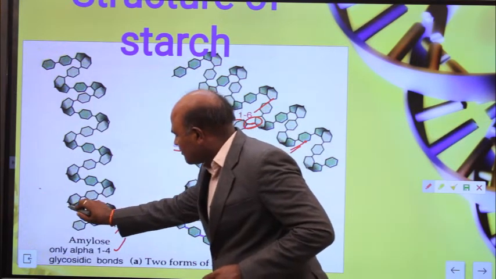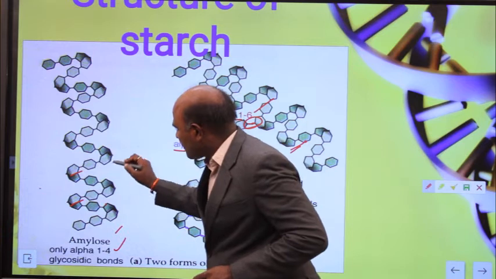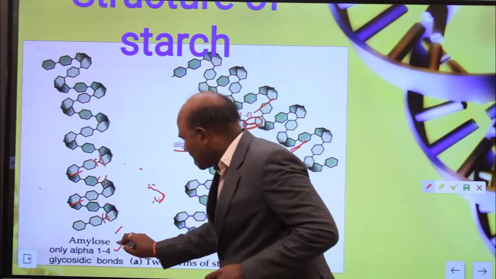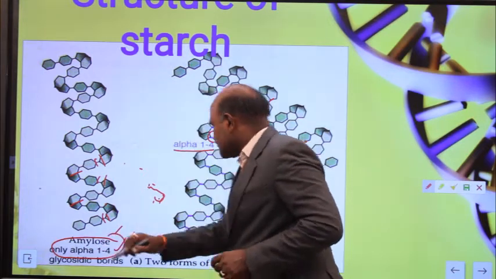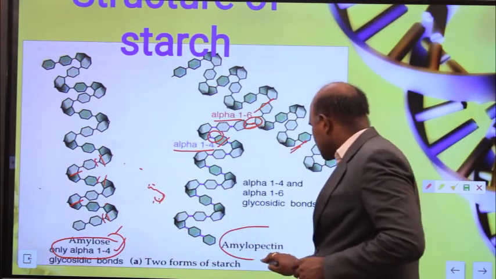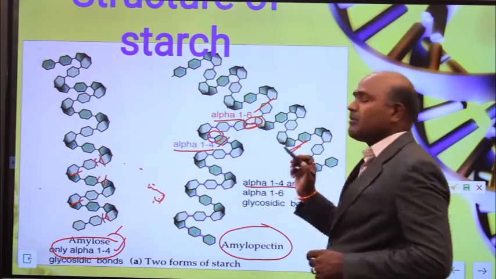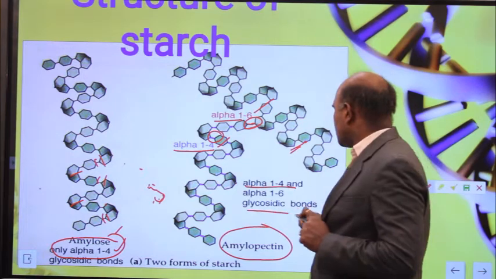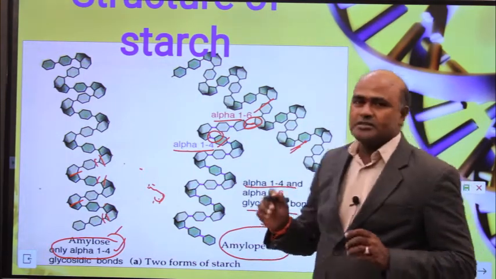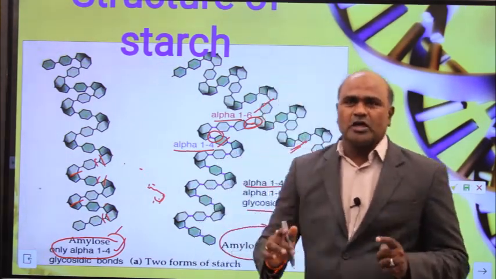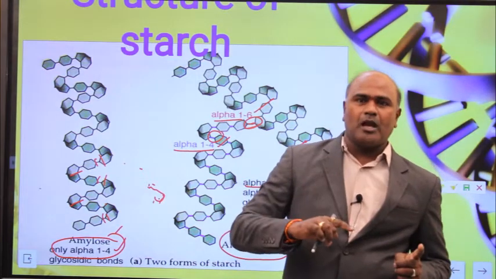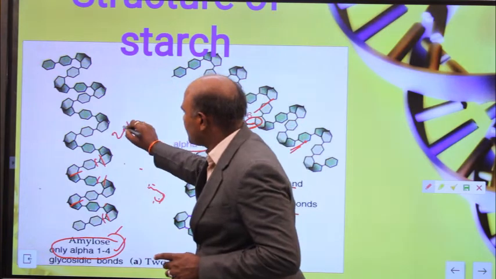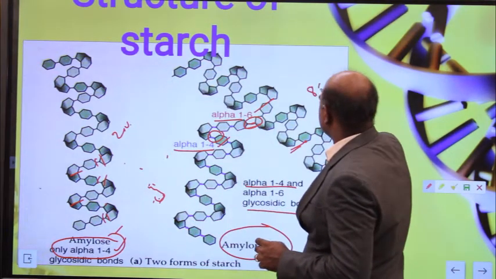Whereas amylopectin forms alpha 1,4 and alpha 1,6 bonds, the glycosidic bonds. So starch contains two major components: amylose, 20%, and amylopectin, 80%.